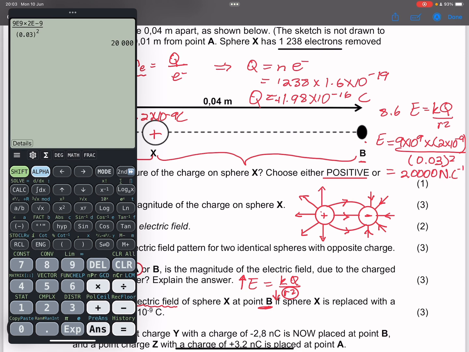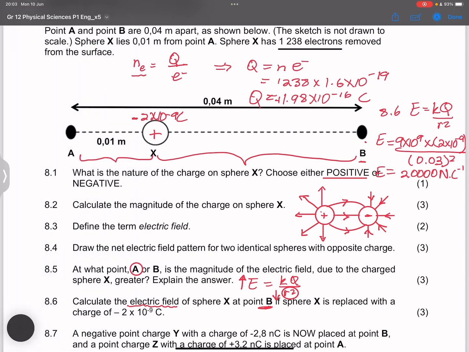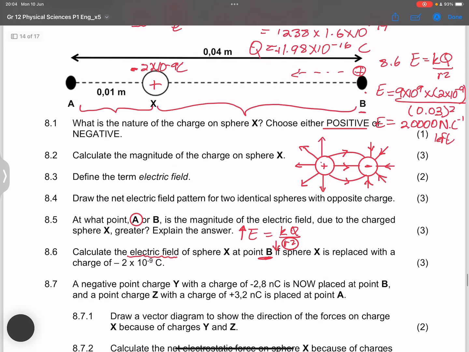Remember the direction of that field: since we've got a negative charge over here, it would attract the positive test charge, so it will be to the left.